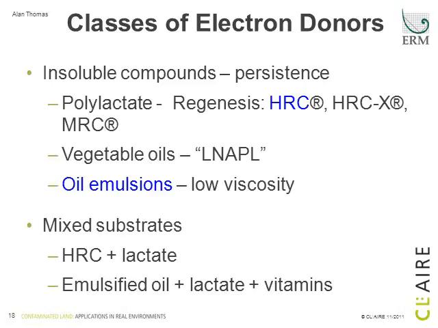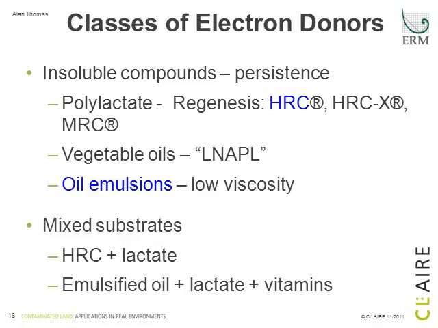And then there's another group that are classed as insoluble compounds, and I suppose their benefit is that they persist in the subsurface and maintain anaerobic conditions over a longer period. Again, you've got categories there, things like the polylactate type compounds, things like HRC, vegetable oils, and emulsified vegetable oils as well.